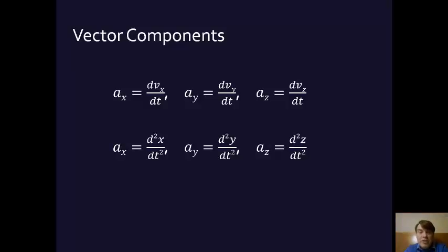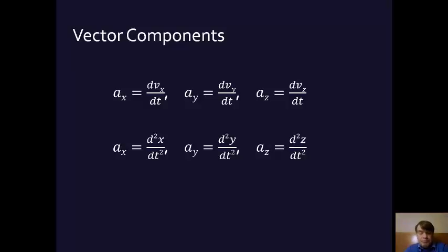And the y component of acceleration is also the second derivative of position in relation to time in the y direction. And the z component of acceleration is the second derivative of z position in relation to time. Again, this follows naturally from the fact that acceleration is the second derivative of position change.